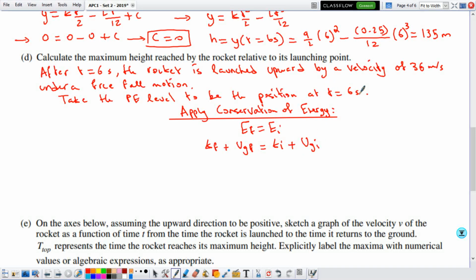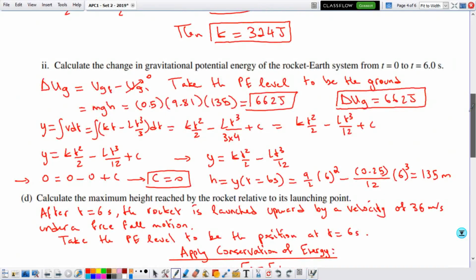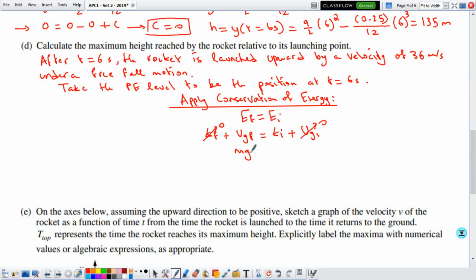Since we're taking the PE level to be at t equals 6 seconds, that would be 0, and my final speed is 0 because we're determining the maximum height. Using mass as small m, mgh is equal to half mv squared, and we can simplify with m, which means that h is given by v squared divided by 2g.